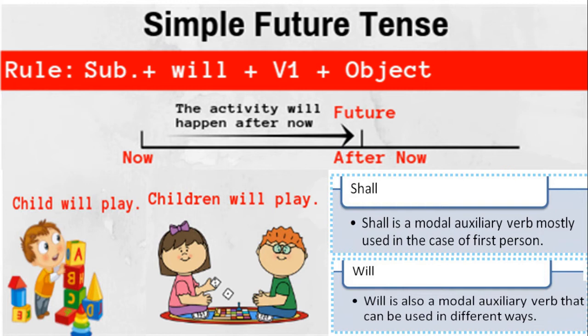So, when we use the subject I, we can use shall, I shall, because it's a first person. But nowadays we are using will instead of shall. Will is commonly used in sentences.